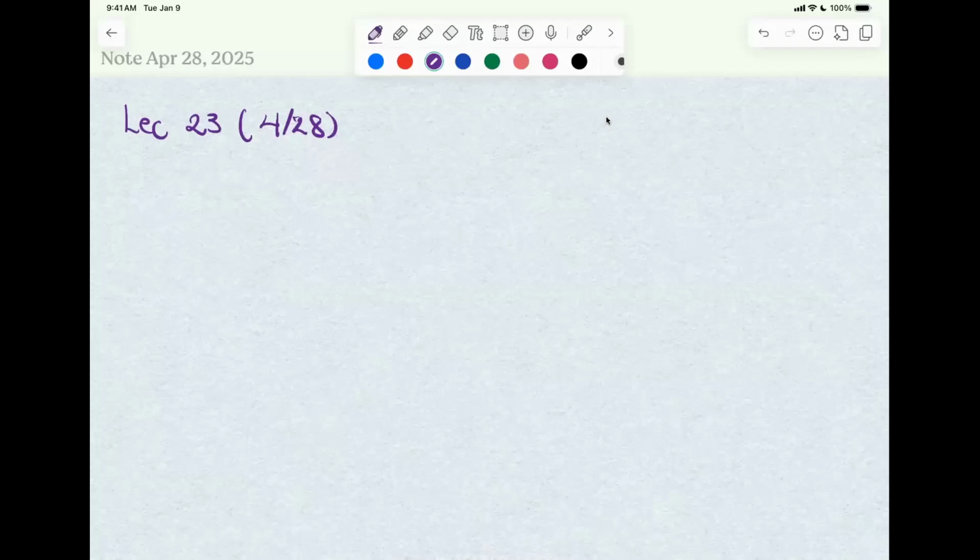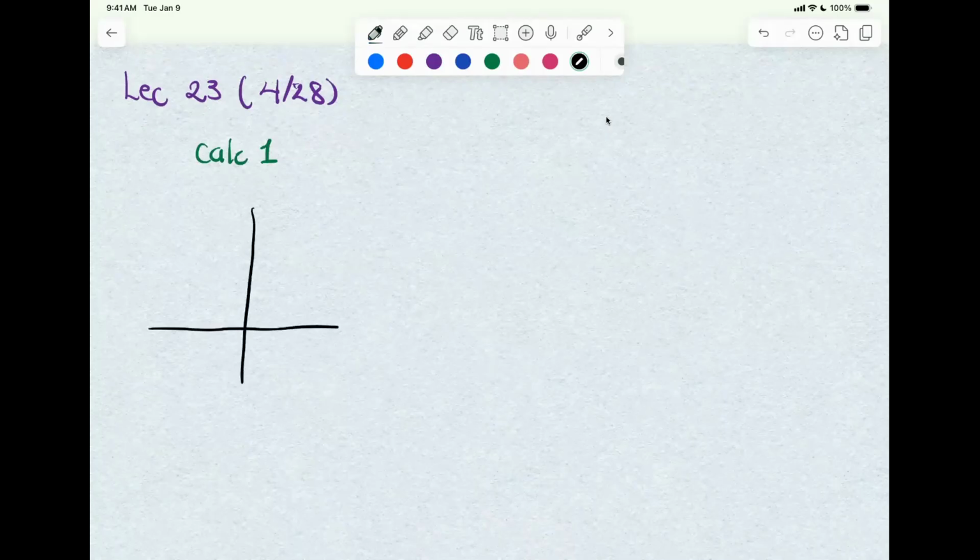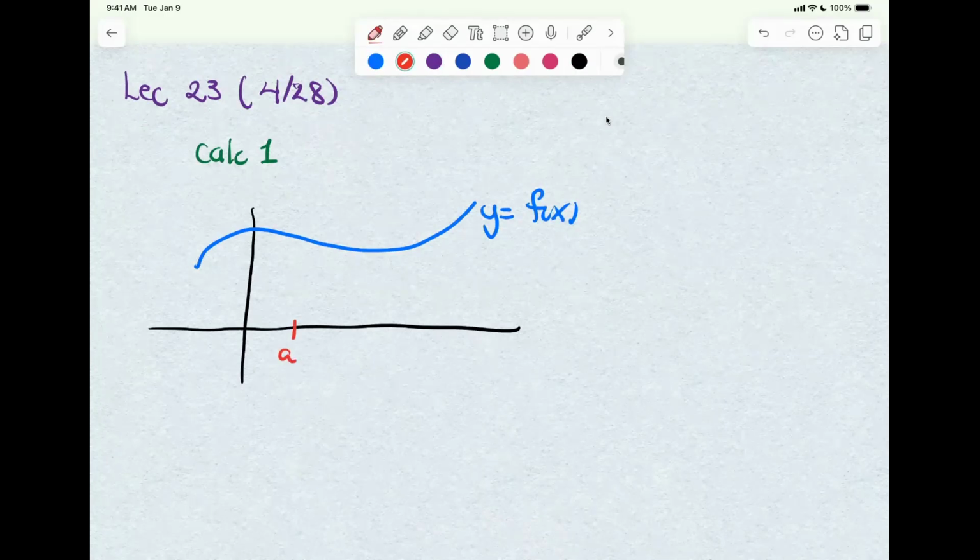Okay, so let's talk first about area. In Calc 1, when you had a function of one variable, what was the area under the curve? So let's go back to Calc 1 for a second. Just to make the diagram easy, let's say you have a function y equals f of x, and then you had this interval a to b.